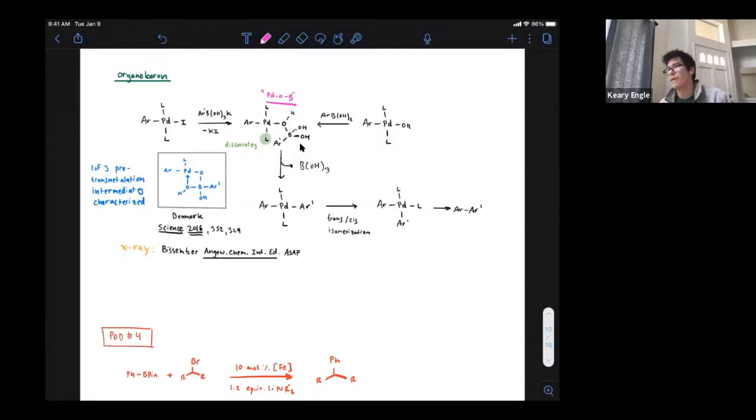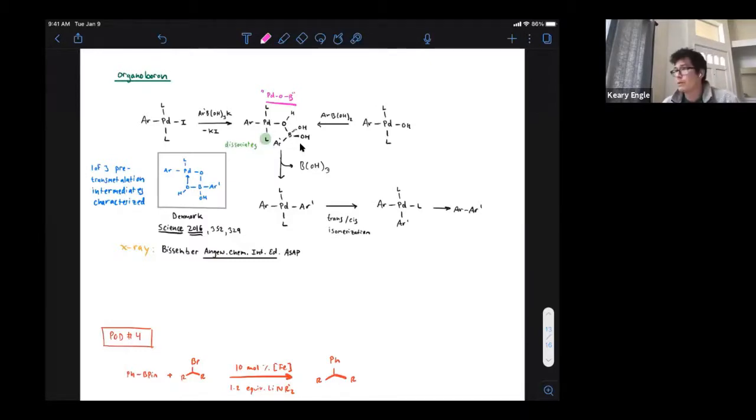The Denmark group found that you could get at this intermediate by two different routes: either by taking an oxidative addition complex and treating it with a boronate complex, where boron is anionic and activated by coordination of a hydroxyl group, or alternatively preforming a palladium hydroxide and then transmetallating with a neutral boron.